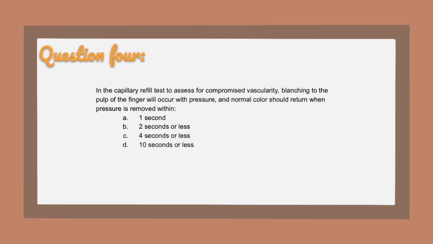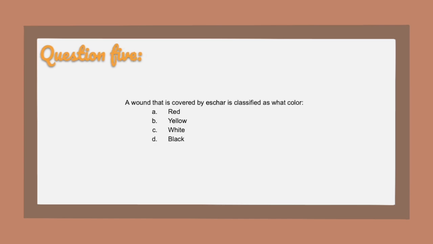In the capillary refill test to assess for compromised vascularity, blanching to the pulp of the finger will occur with pressure, and normal color should return when the pressure is removed within A. 1 second, B. 2 seconds or less, C. 4 seconds or less, D. 10 seconds or less.